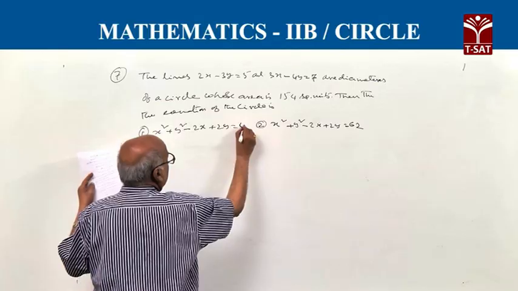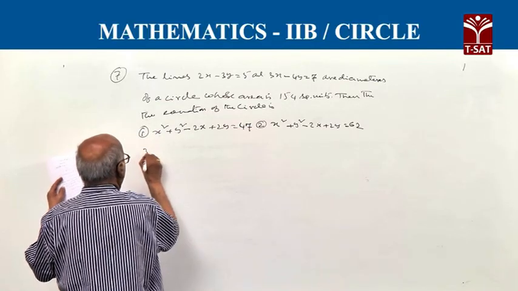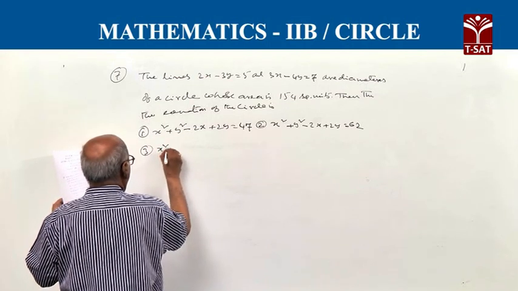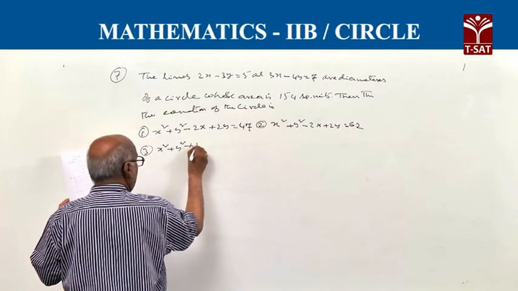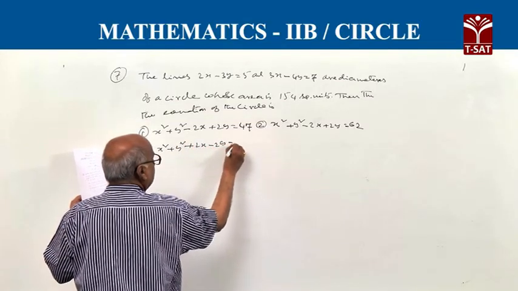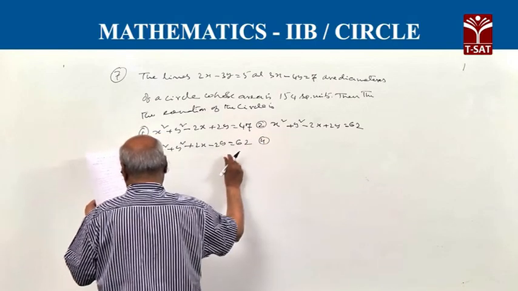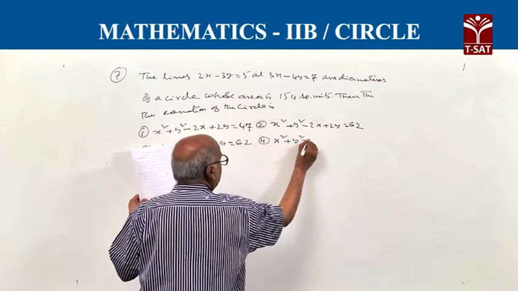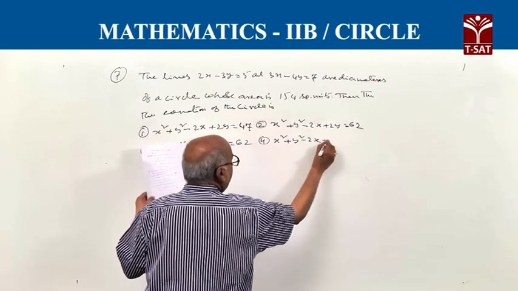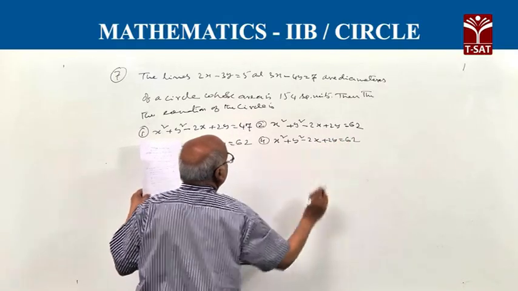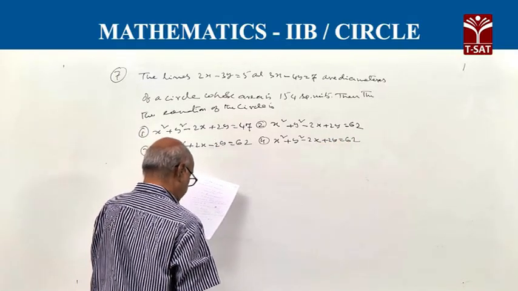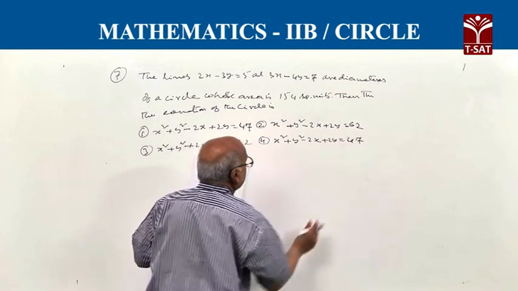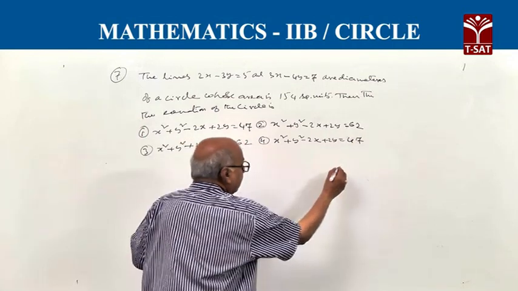Number 3, x square plus y square plus 2x minus 2y is equal to 62. And number 4, x square plus y square minus 2x plus 2y is equal to 47.